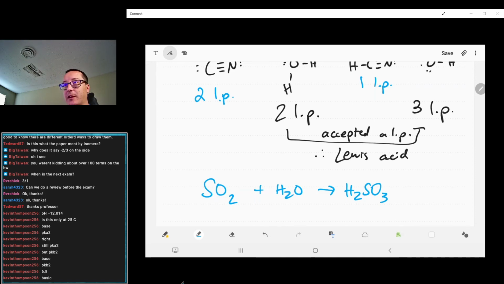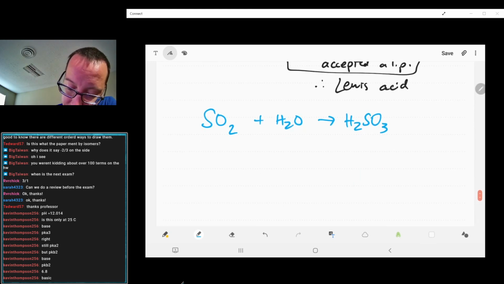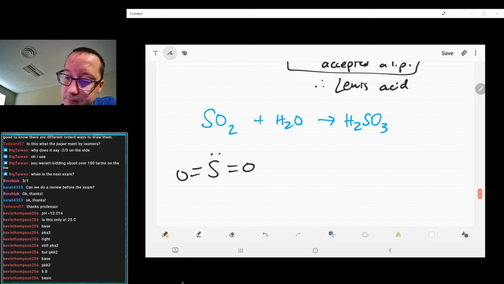What the heck is happening here? Sulfur dioxide. Let's take a look at what's happening here. This is kind of a harder example.